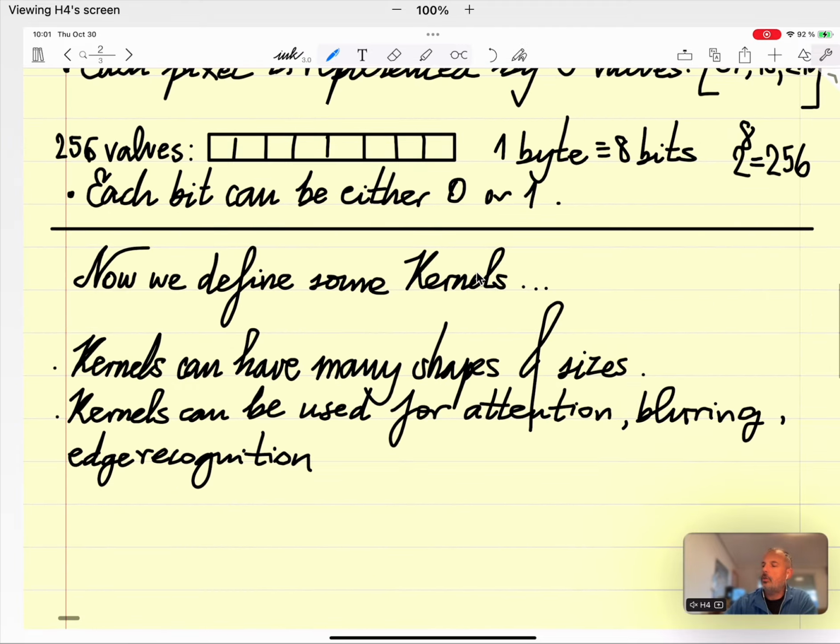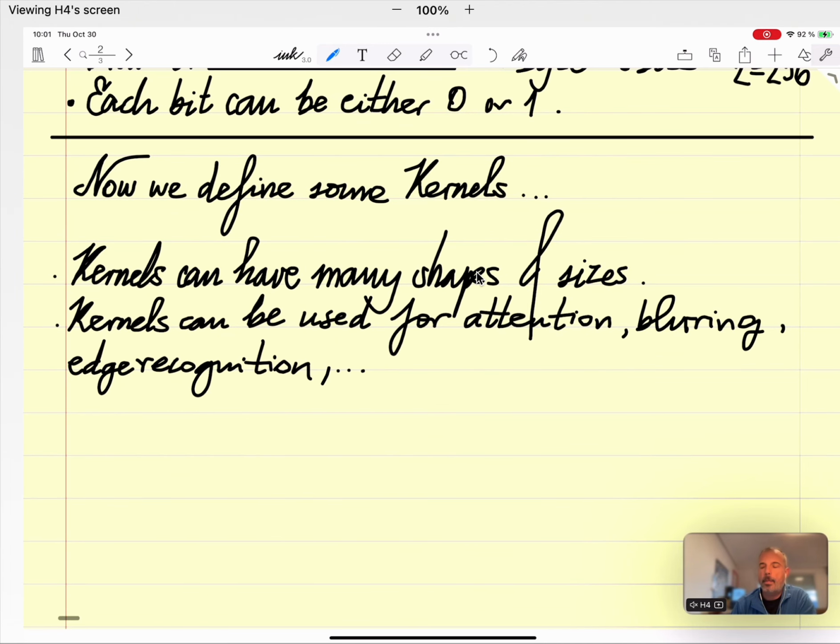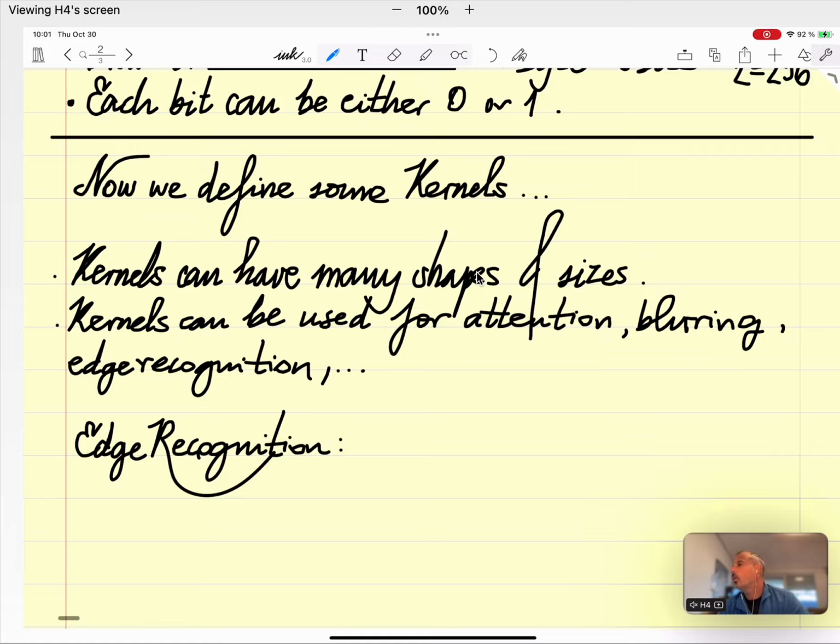So how do we do this with math? Let's learn how to do this with math. For edge recognition, we can have this shape.